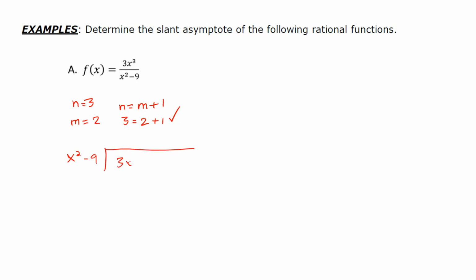So I have 3x cubed plus 0x squared plus 0x plus 0. Those are the missing powers. So dividing 3x cubed by x squared, I'm going to get 3x. Multiplying 3x by each term in the divisor, I'm going to get 3x cubed minus 27x. And let's put that over its correct term.